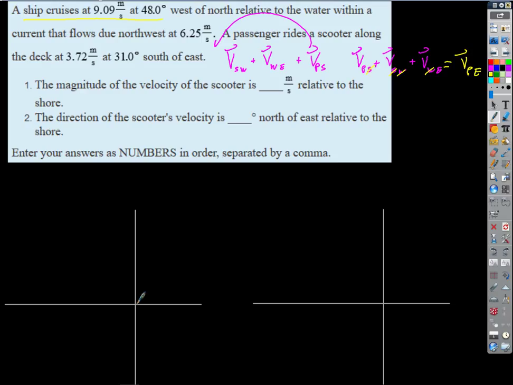Right? So it's going to look something like this. That's going to be 48.0 degrees, right? And the magnitude of the vector is 9.7, oh, 0.9, sorry.